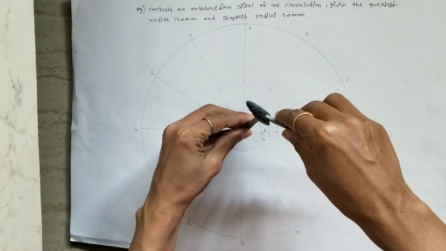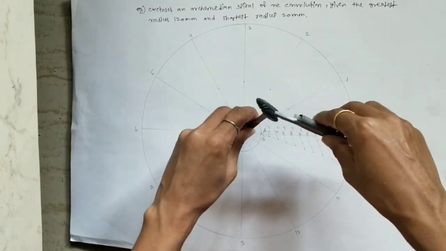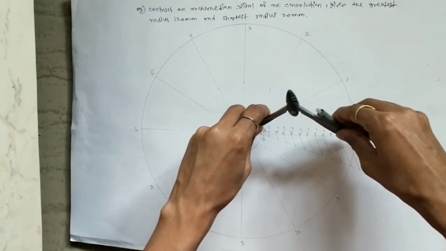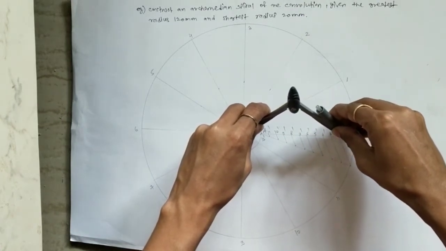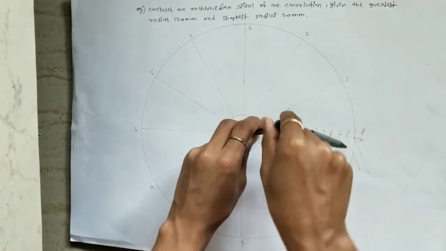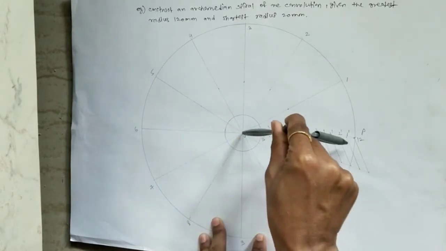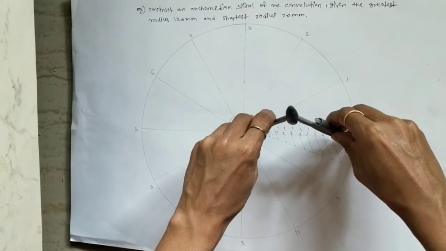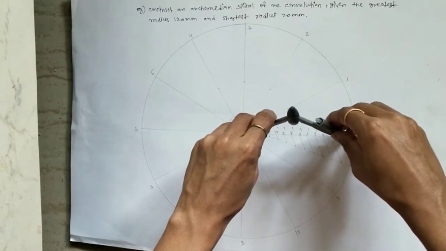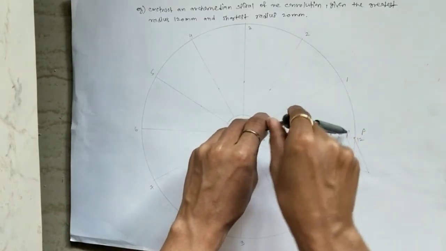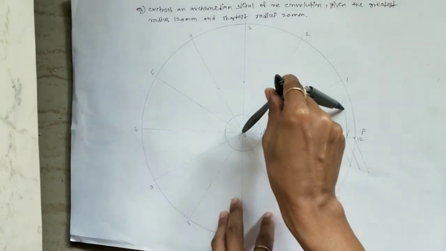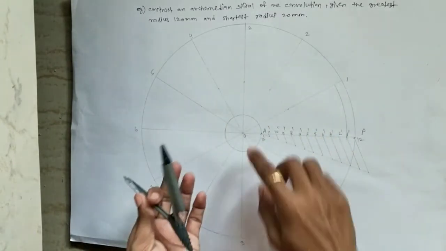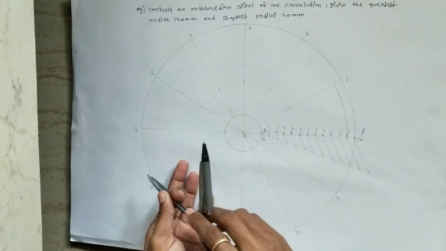So center O and radius O1 dash, draw the arc up to this radial line O1.